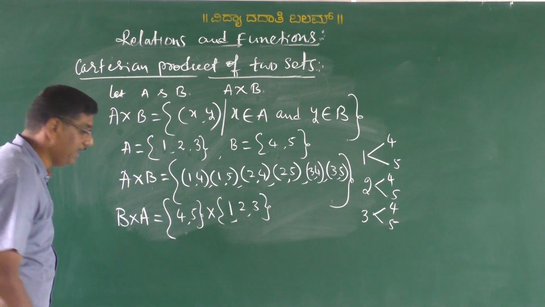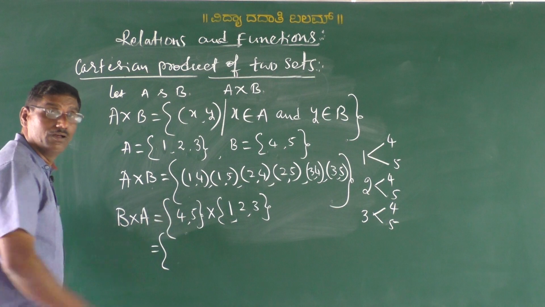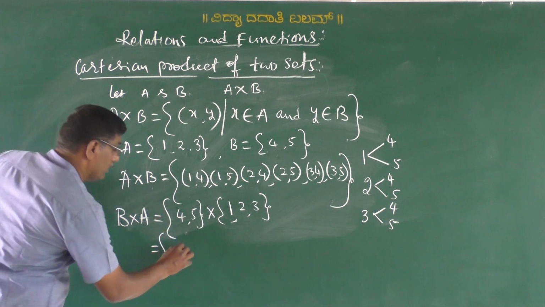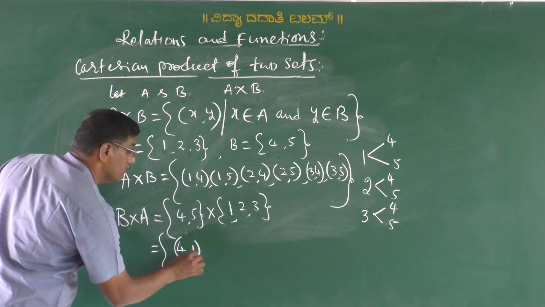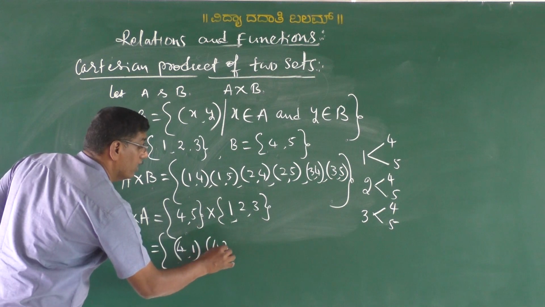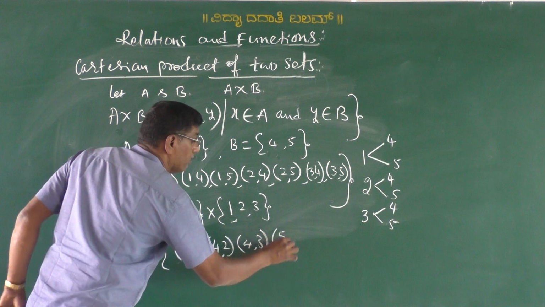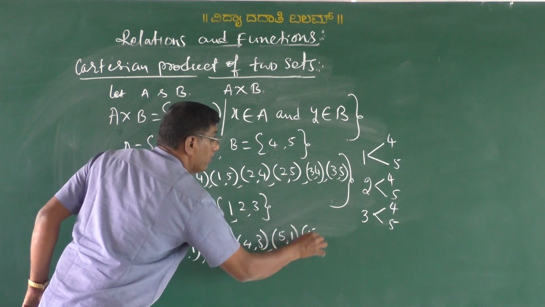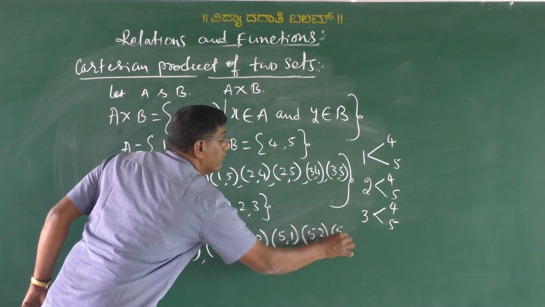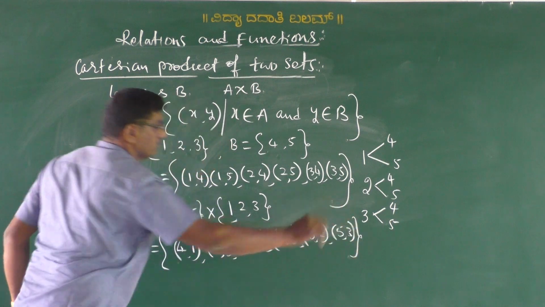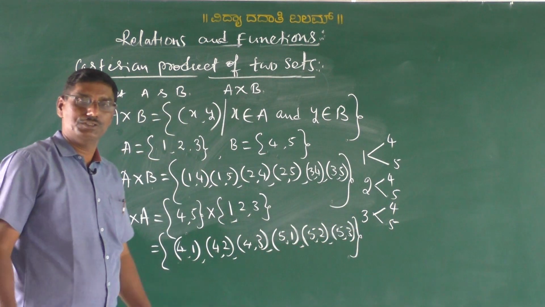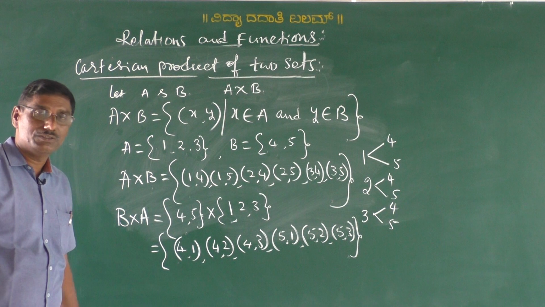Now we can write the set of all ordered pairs: 4 comma 1, 4 comma 2, 4 comma 3, 5 comma 1, 5 comma 2, 5 comma 3. Do you understand?